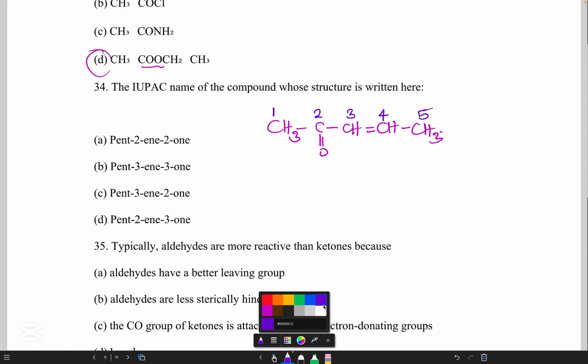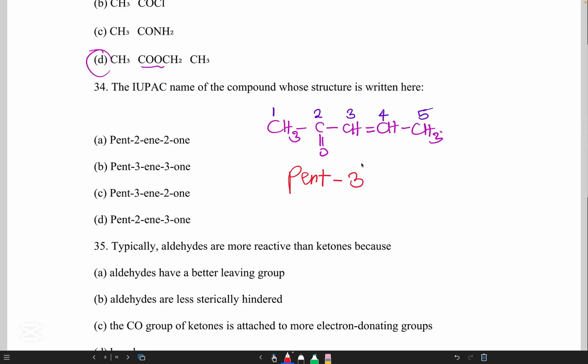All right. So how do you name this compound? At position number 3, you have a double bond because the double bond started at position number 3. And total carbon is 5, which is pentane. So you say pent. At position number 3, you have a double bond.